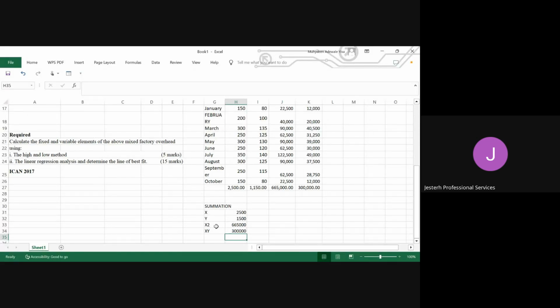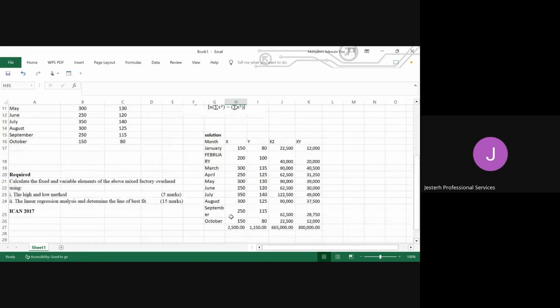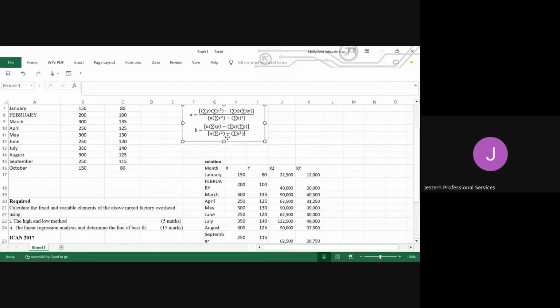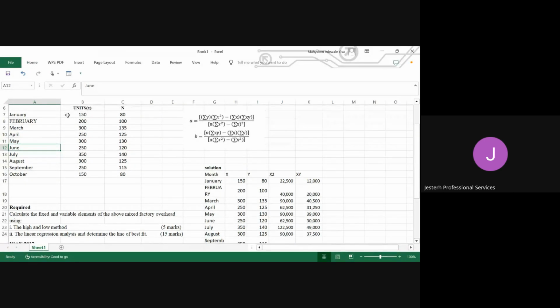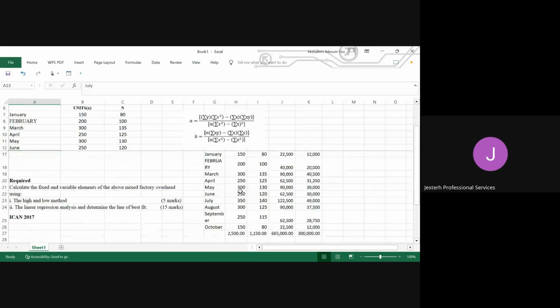Now we want to plot it using this. Let me fix this. I want us to be seeing the formula. Okay, good.